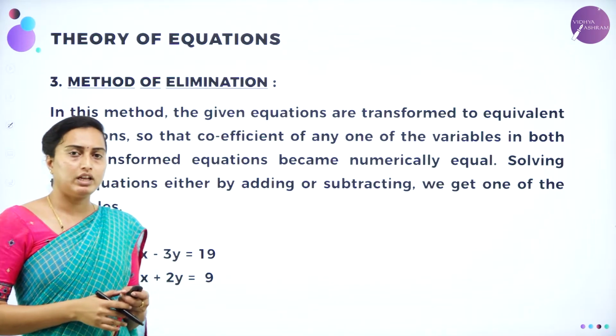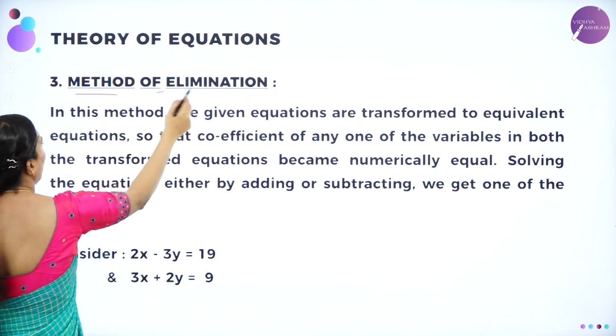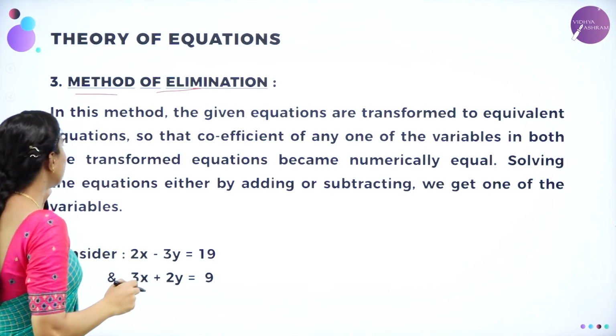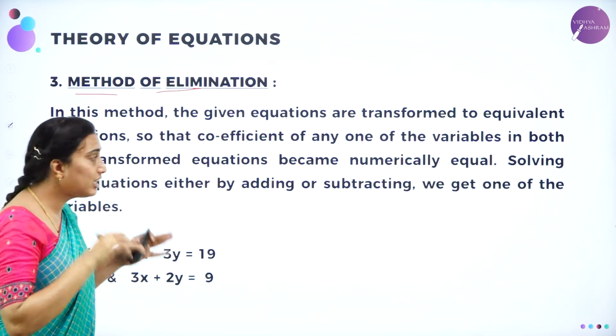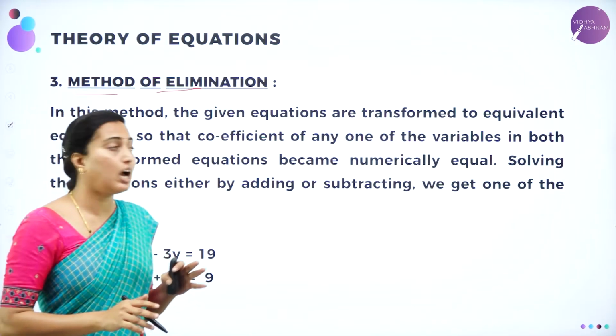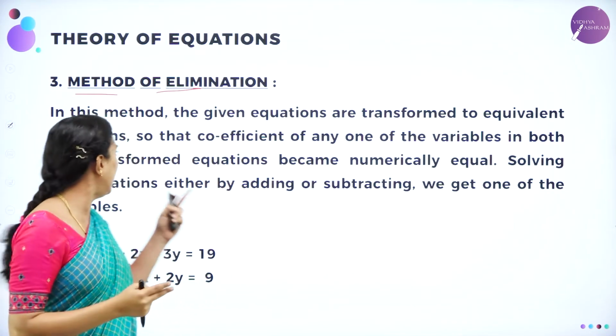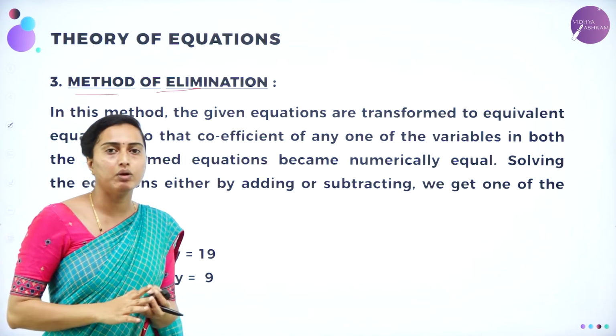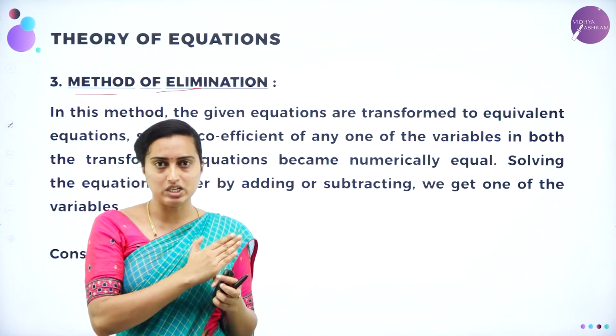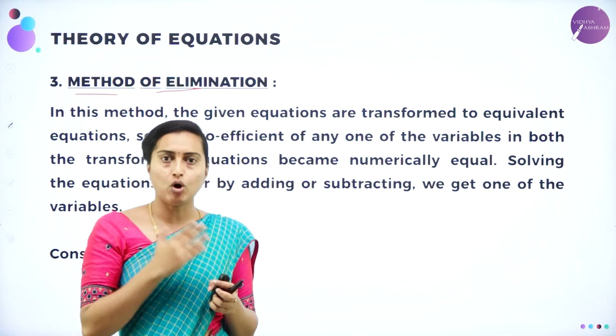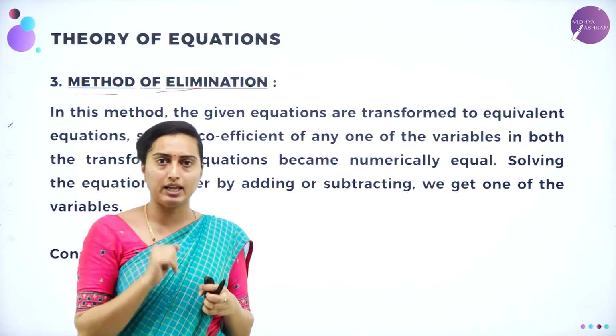So we'll move on to the next method, which is called method of elimination. What is this method of elimination? In this method, the given equations are transferred to equivalent equations. Equivalent equations means x coefficient will be the same or y coefficient will be the same.